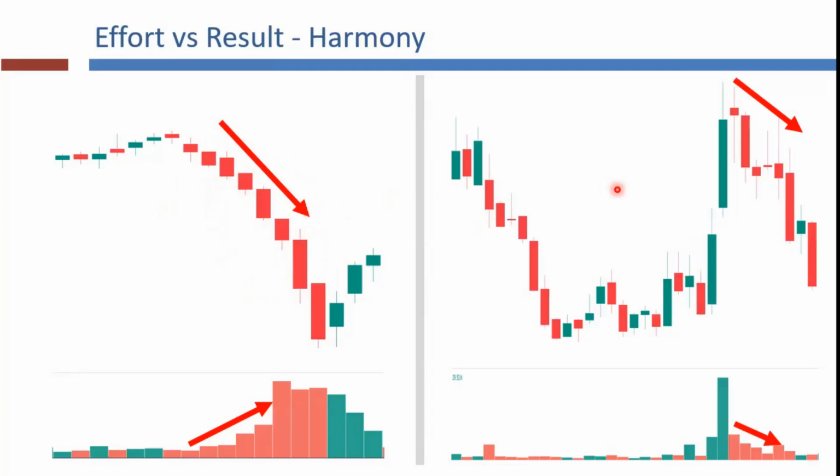Now let's look at the second example. You can see here that price is decreasing and so is the volume. You can also see that range of the candles are also decreasing or diminishing. This means that there is lack of seller's interest at lower prices. I hope this concept relating to harmony is clear.